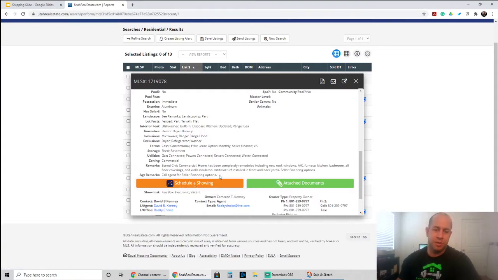Seller financing options I've seen lately are like 15-20% down. The seller would carry the loan or the note for 6 years or 5 years, and then they would expect a balloon payment at the end of that, which just means you would refinance into traditional financing and then move on from the actual seller finance side.